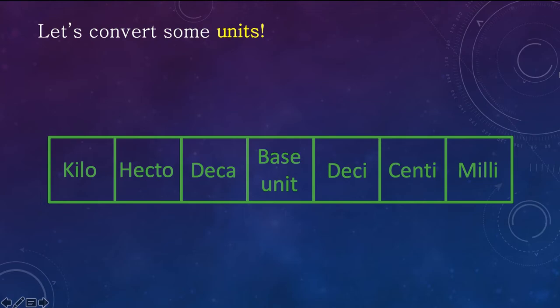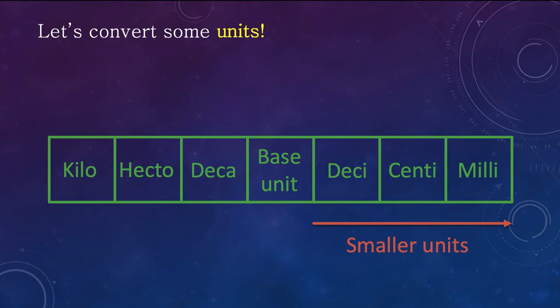The next thing that I want to say is, if you look to the right, deci, centi, milli, these are your smaller units. So you use them to measure small things, right? If you want to measure a paper clip, I don't know why you would want to do that, but hey, if you want to do it, go ahead. You would probably use either millimeters or centimeters.